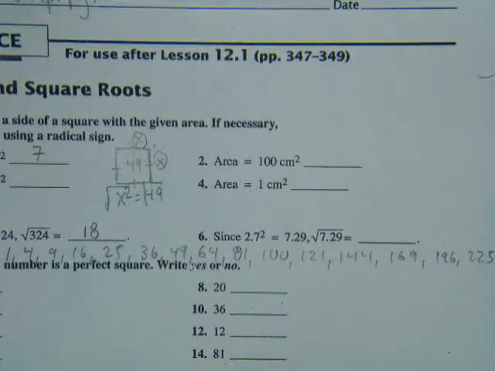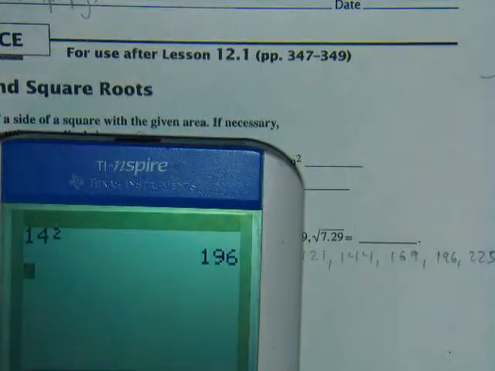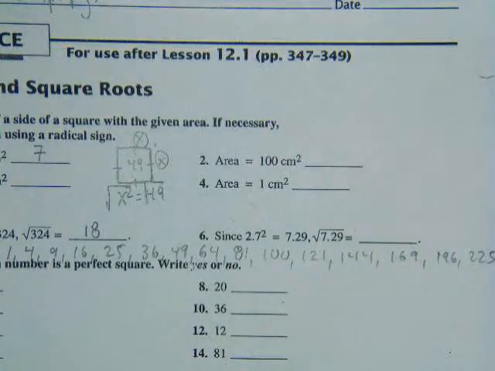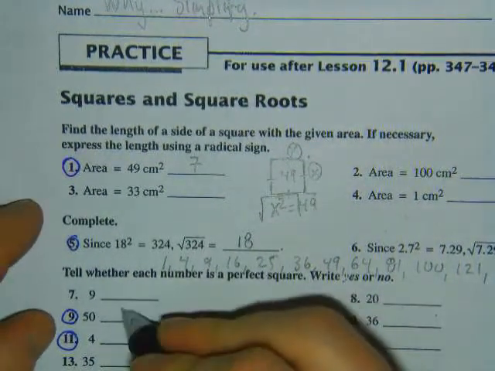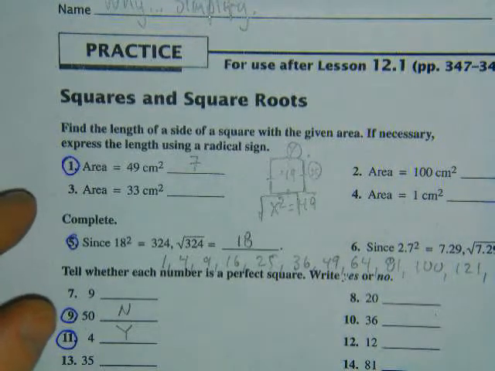Okay. And if you don't know, problem solving strategy, use a tool. So tell whether any of these are perfect squares. Well, that is not. That is. Scroll down a little bit.